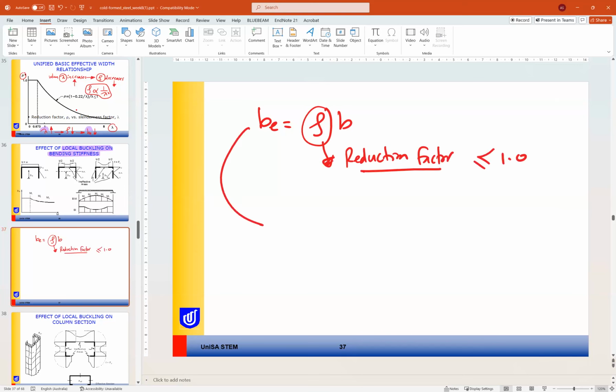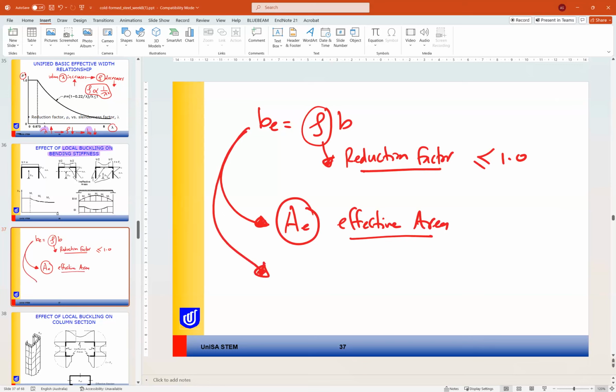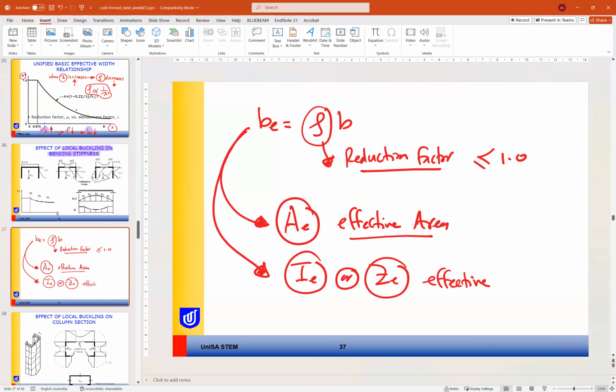Using B effective, we will find A effective, the area of the section. And what else? We can find I effective or Z effective, which are the effective section stiffness, or flexural stiffness, or effective section inertia.